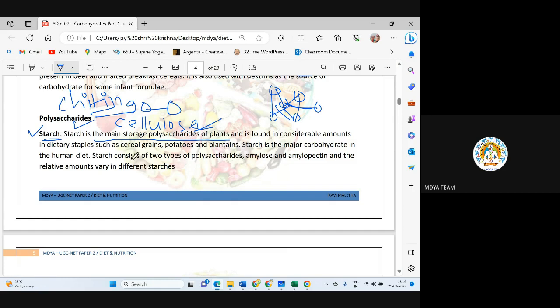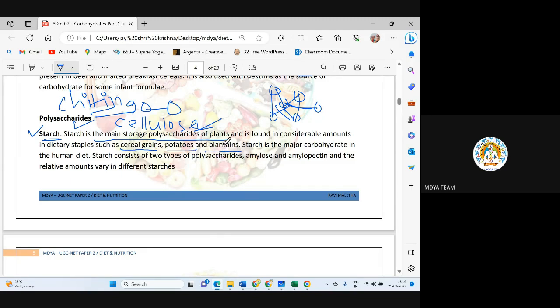So starch is the main storage polysaccharide of plants. I gave you some other examples like chitin and cellulose, but starch is the most found polysaccharide, and it is mostly found in cereal grain, potatoes, and one more important source of starch you can consider plantains.